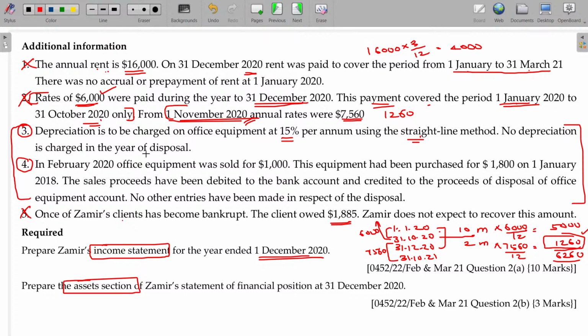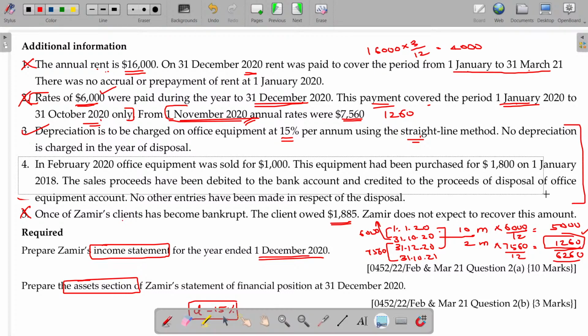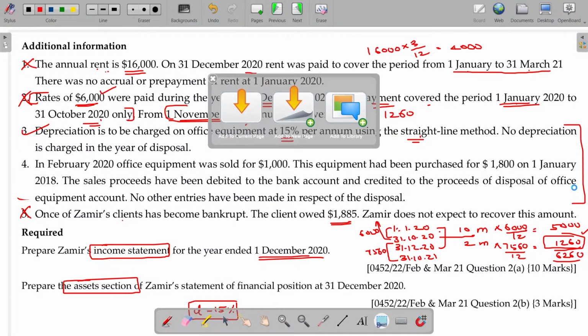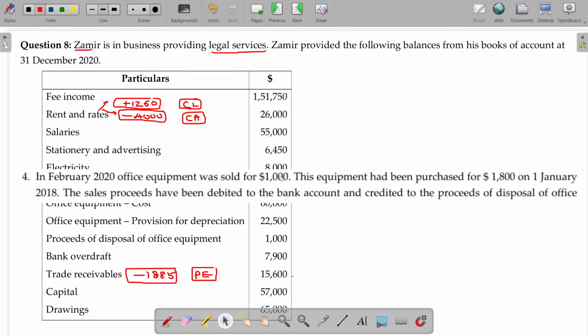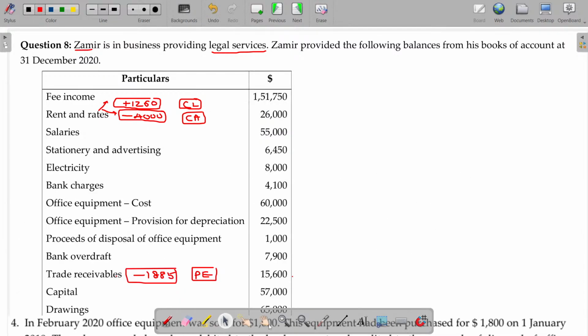So in the year of disposal, you don't charge any depreciation. Is that okay? That's the first point. From this it is very clear, rate of depreciation being 15%. This information is needed. Third point, in February 2020; the fourth point, I may include in the very first page to compare and solve this.